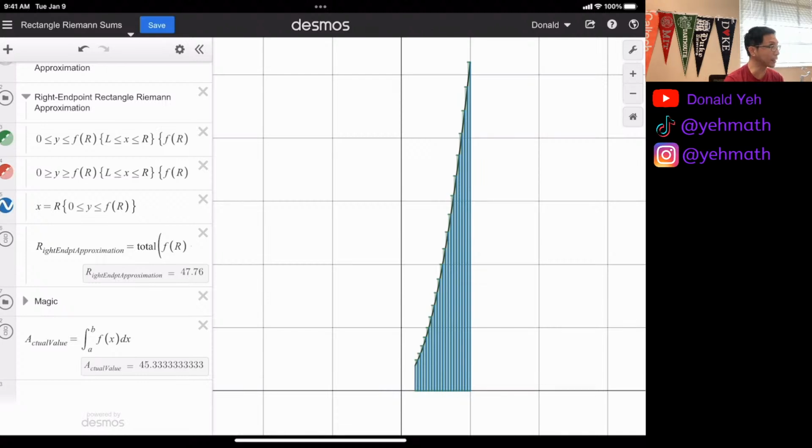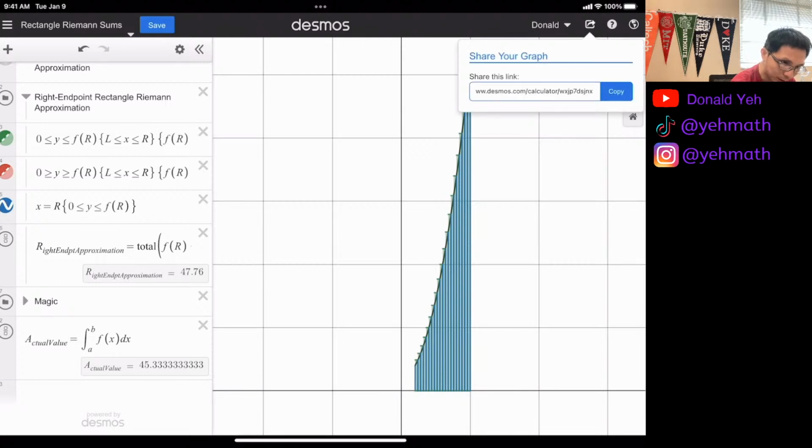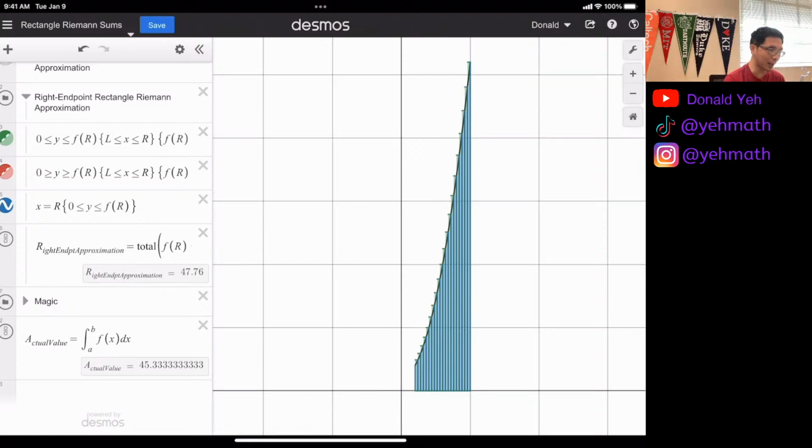I'm going to send you this link so you can play with it. What are we approximating? Does that make sense? This is area, yeah, we approximate the area under the curve. The actual answer is 45.333. But the approximation with 20 right rectangles is going to give you 47.76.